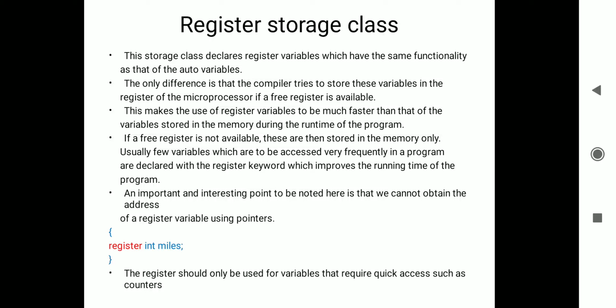This makes the use of register variables much faster than variables stored in memory during the runtime of the program. If a free register is not available, they are stored in memory only. A few variables which are to be accessed very frequently in a program are declared with the register keyword, which improves the running time of the program.